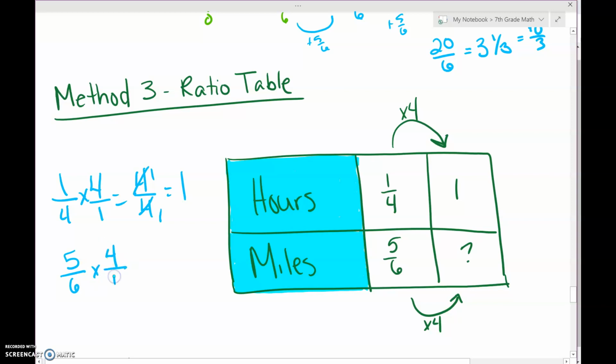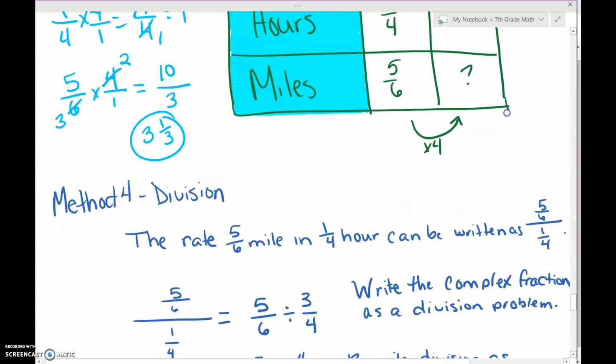I'm going to just write it over 1, because every whole number is over 1. I can cancel out the factor of 2 and get 3, cancel out the factor of 2 and get 2. 5 times 2 is 10. 3 times 1 is 3, which we know is 3 and 1/3. So we can run 3 and 1/3 miles.